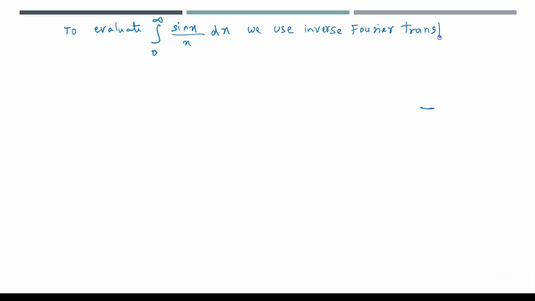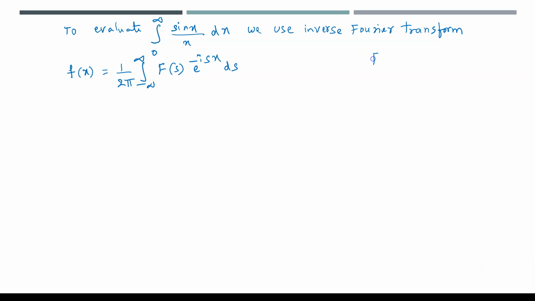So here the formula of the inverse Fourier transform is f(x) equal to 1 by 2 pi times the integral from minus infinity to infinity of F(s) e^{-isx} ds.